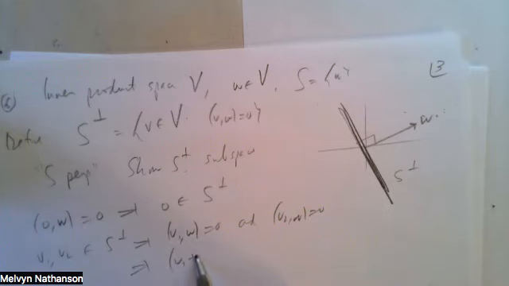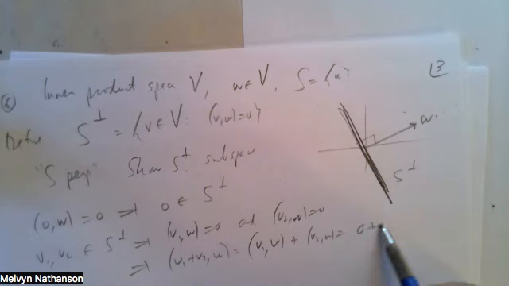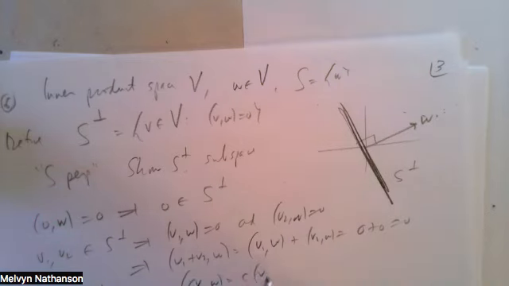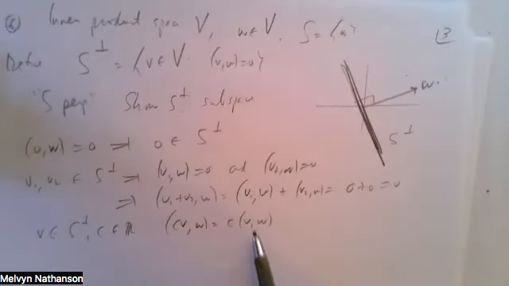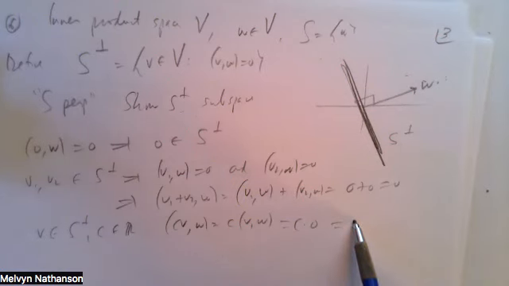But then V1 plus V2, inner product with W, by the bilinearity, this is just the sum of the two separate inner products. 0 plus 0 is 0. And if V is in S perp and C is a scalar, the inner product of CV and W is C times the inner product of V and W. And that's C times 0, which is 0.